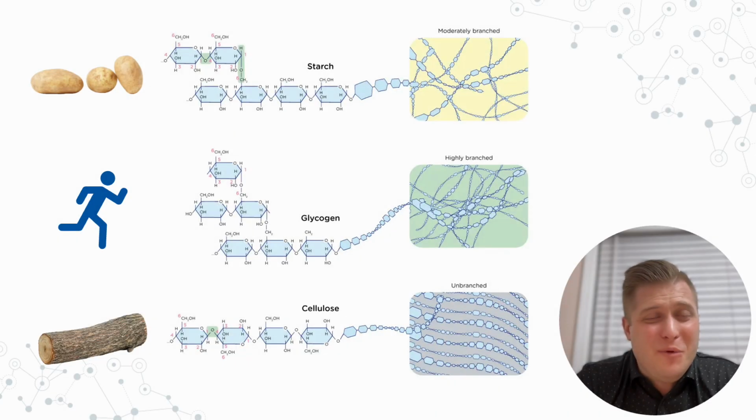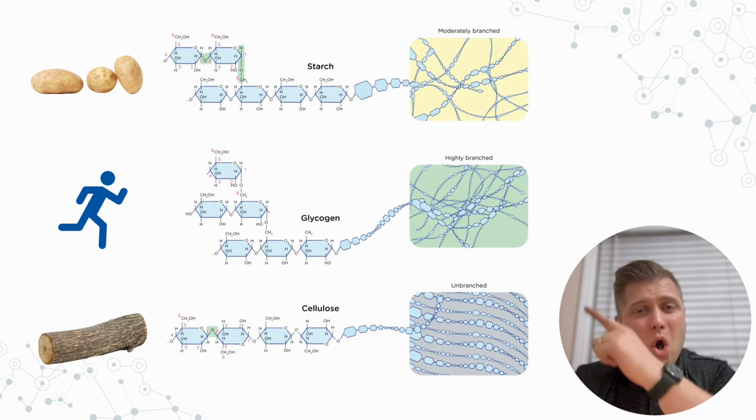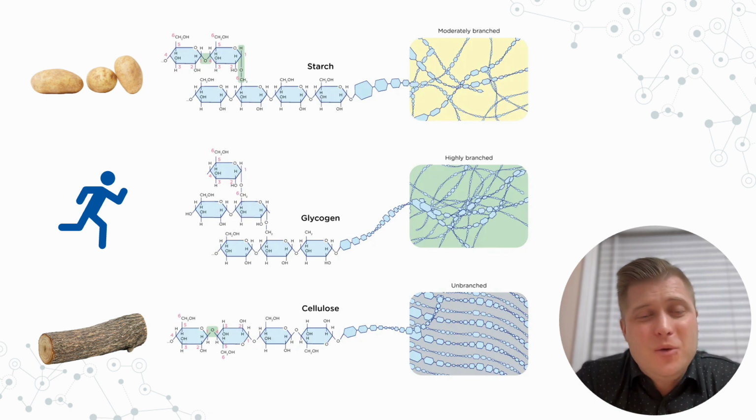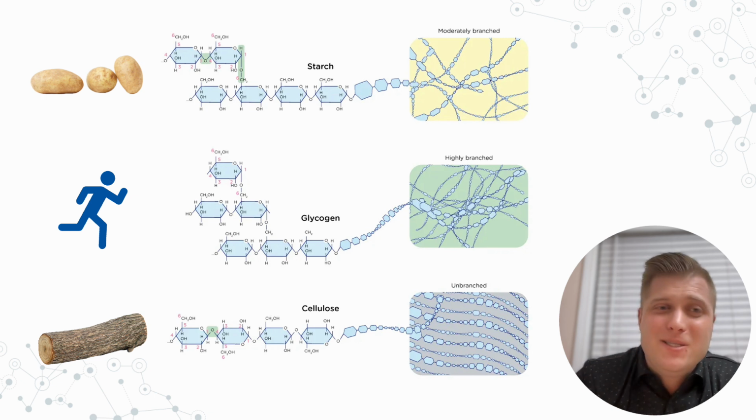Again, a slide you've seen before, but now we've got more context for it. Where did all of these little hexagons of glucose ultimately come from? They came from photosynthesis. So the starch in a potato, all the glucose there, came from photosynthesis.